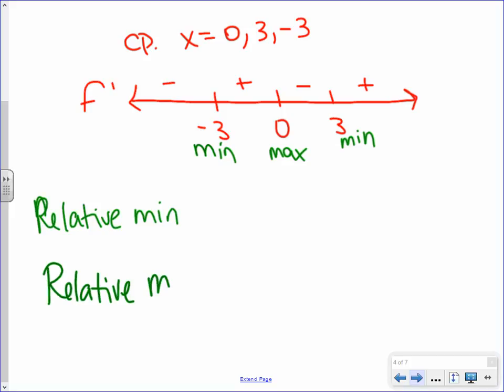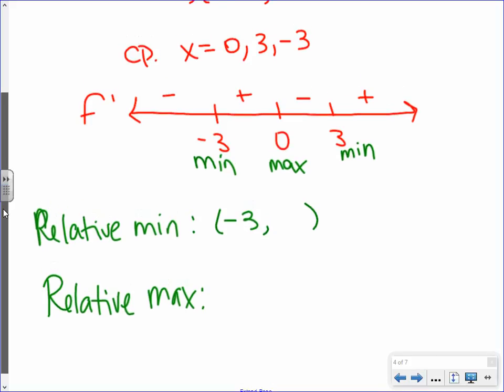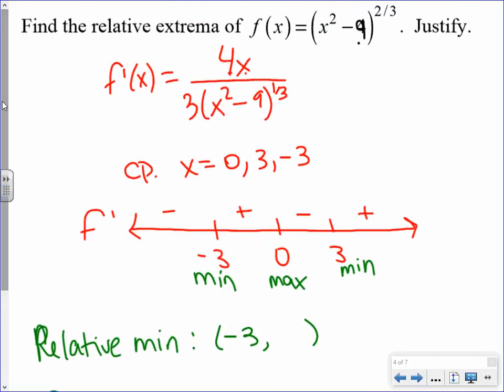Okay, so let's go ahead and identify those values. We have a relative min occurring at negative 3. How do we figure out the y value? Plug it back in. So let's come up here to the original. What is negative 3 squared?